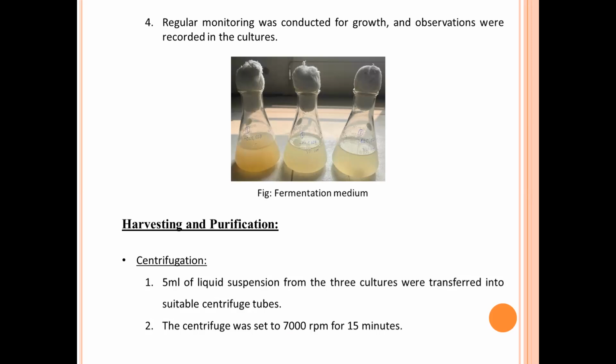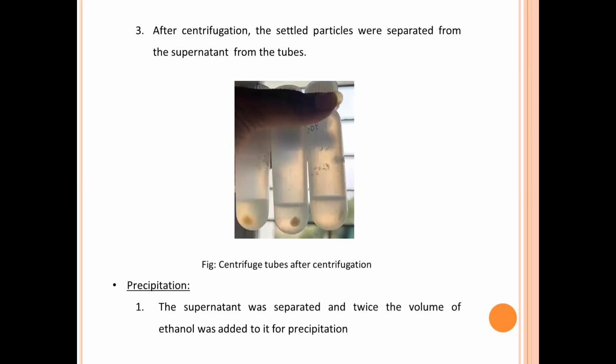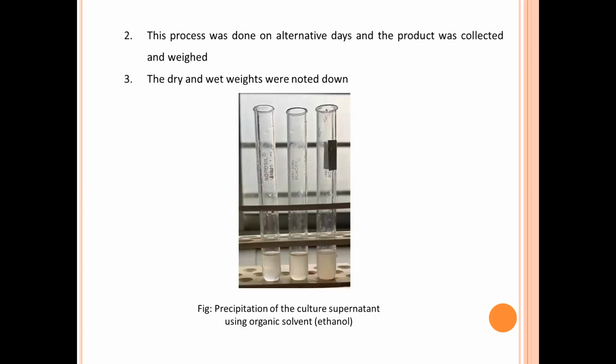Later, 5 ml of each flask was taken and centrifuged at 7,000 rpm for 15 minutes. The pellet was discarded and the supernatant was precipitated using cold ethanol. And then wet and dry weights were noted down every alternate day.